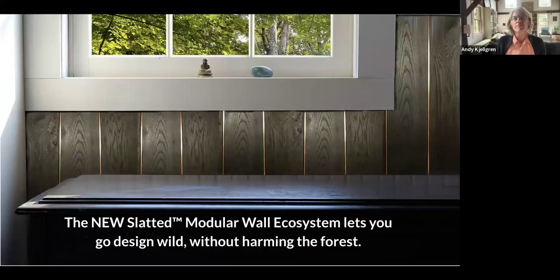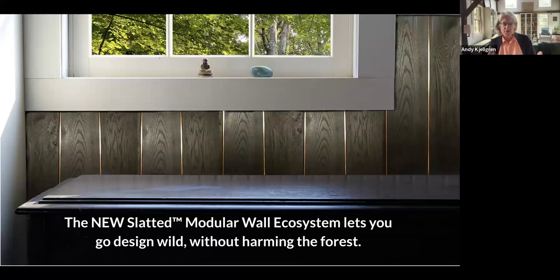I'm just going to drop into a couple of our particular focuses these days. We've developed a modular wall ecosystem. It's basically slats in different finishes and different species, all post-consumer reclaimed material. And then we have a metal carrier, like a channel.